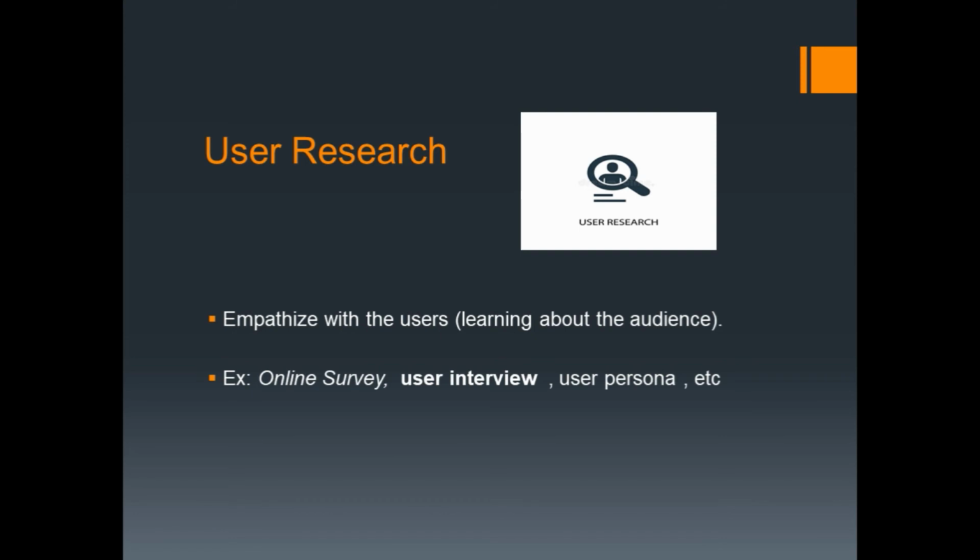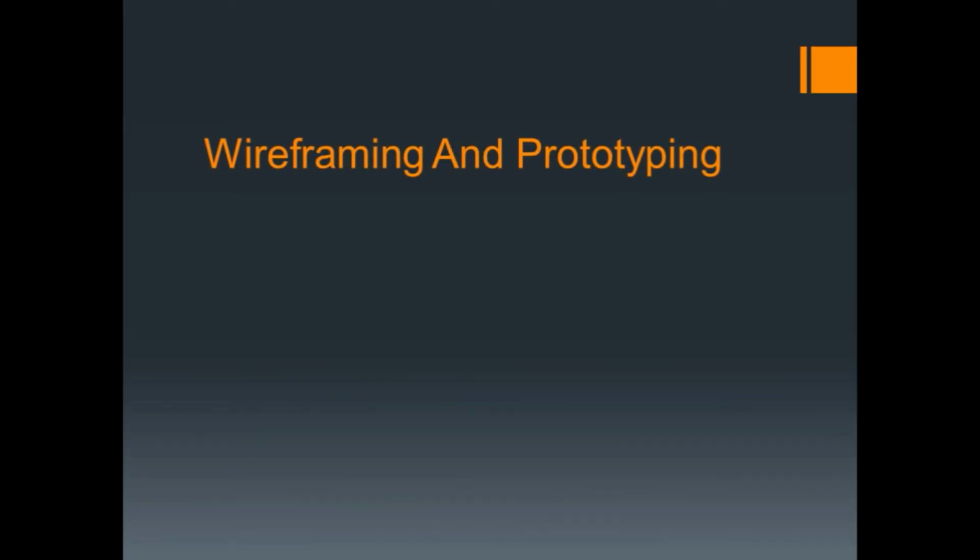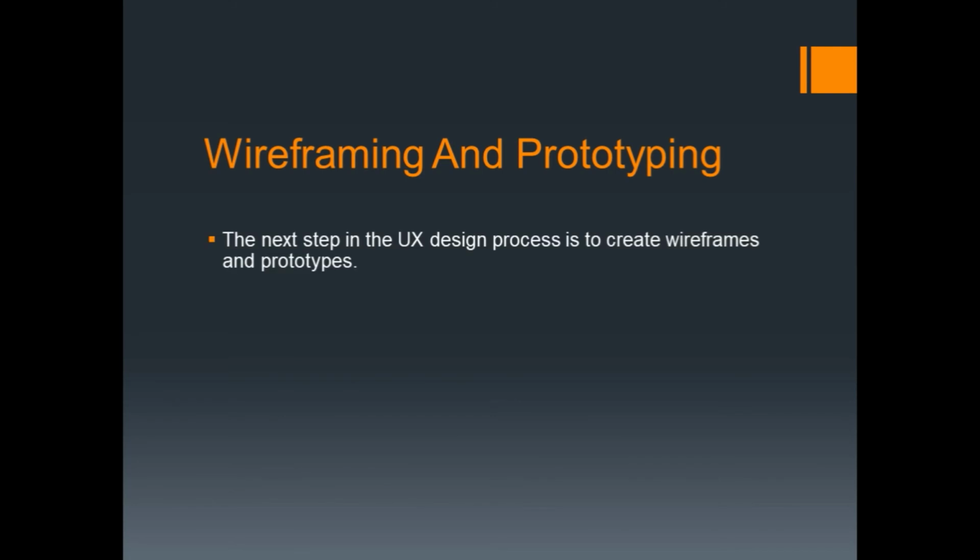After learning about the users or audience, the next step in the UX design process is to create wireframes and prototypes. This gives you something tangible to test on real and potential users, which is crucial in making sure that your designs are usable.